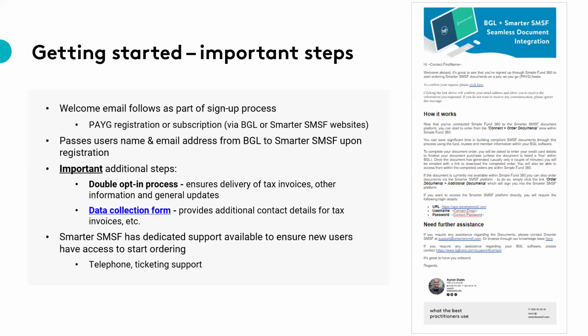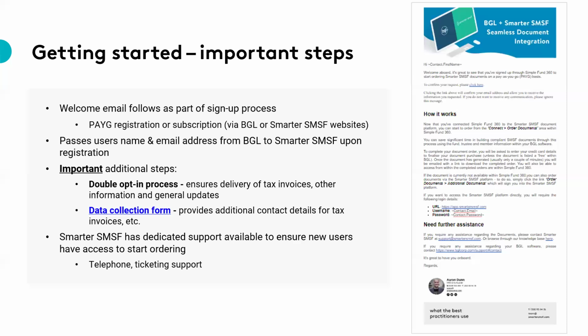Because if you are ordering documents on a pay-as-you-go basis, for us to ensure that you get a copy of your tax invoice, for example, and you're getting other information from us about new documents, other updates, and so forth, if you don't go through that double opt-in process, then of course you're not going to get those emails. They may end up in some sort of spam or junk filter, and then you fall out of the system, ultimately having had some sort of hard bounce or bounce as well.